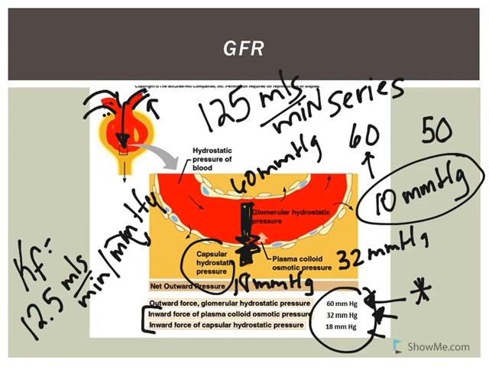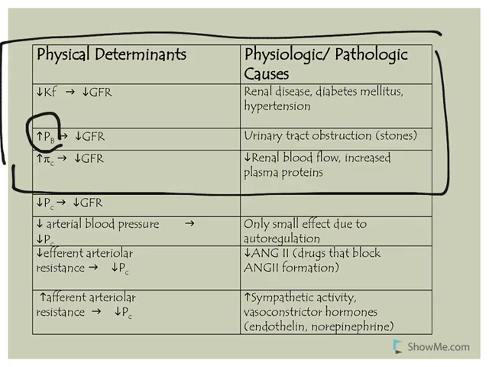And the way that could happen is, say, if you have a kidney stone or some sort of stone that obstructed the urinary tract, things will back up and that pressure will be high, and that will decrease GFR. Just think about it, it's kind of a safety net. It's like, well, I can't get this fluid out, so stop filtering because I can't get it out. Overall, though, that's not a very good thing because you still need to be able to filter your blood.